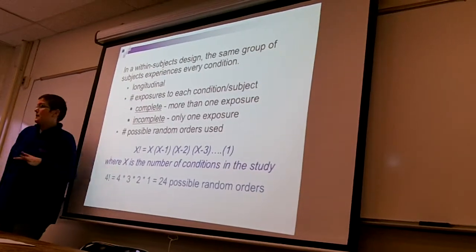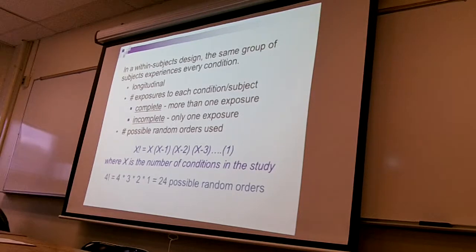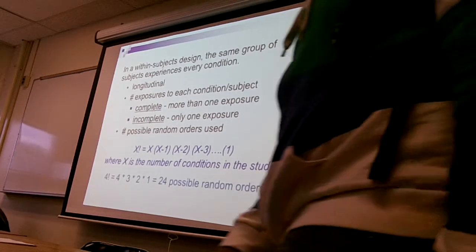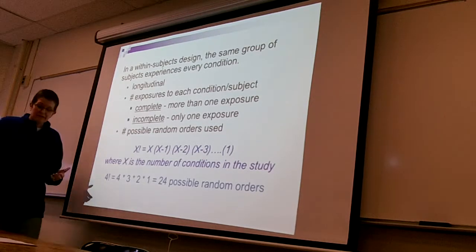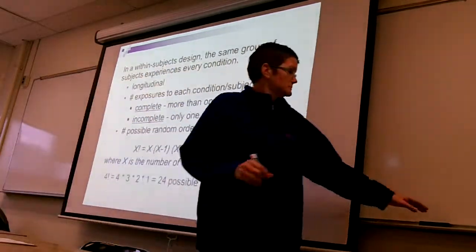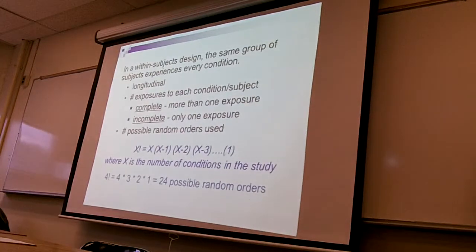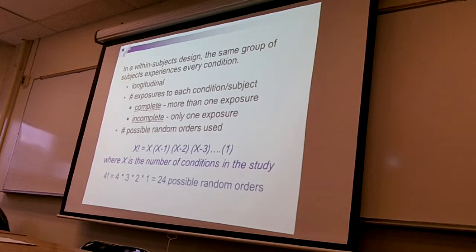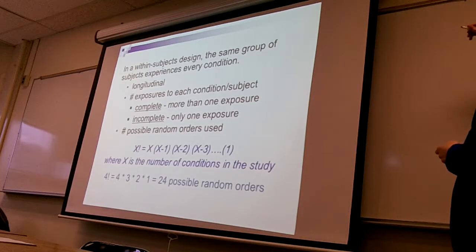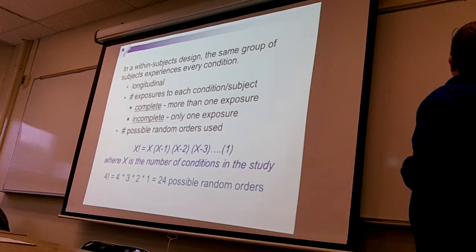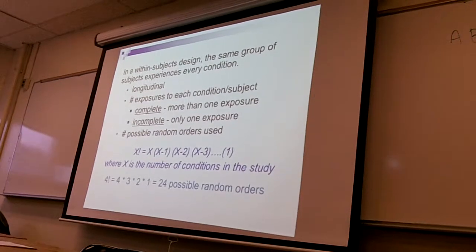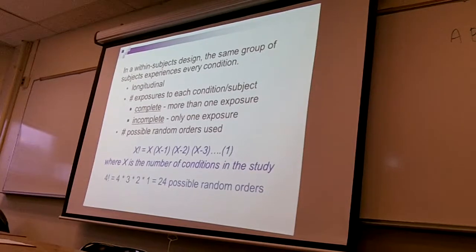We also care about how many random orders of the conditions we use. So, for example, if I have an IV with 3 levels, and it's within subjects, I can still think of those levels as A, B, and C. And then I can still use block randomization to tell me how many possible orders I could use, right?